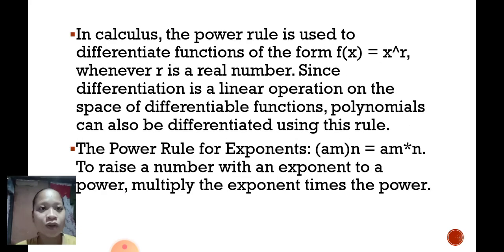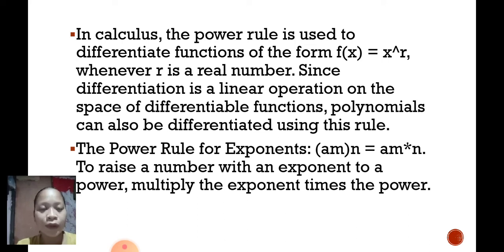In calculus, the power rule is used to differentiate functions of the form f(x) is equal to x to the power of r, whenever r is a real number, since differentiation is a linear operation on the space of differentiable functions.